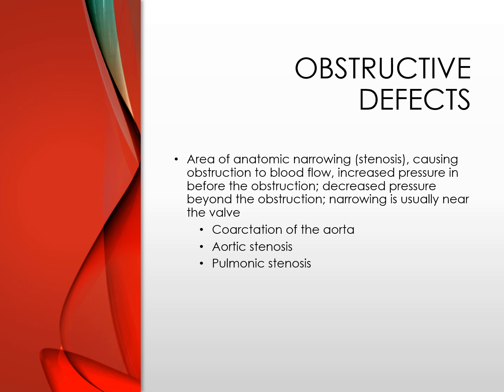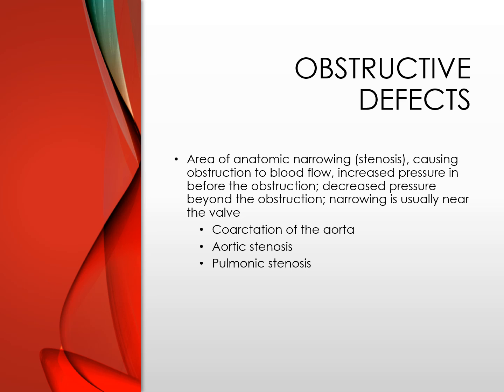Then we have obstructive defects. These are defects that can have a narrowing or stenosis of a vessel or even a valve, and that can cause obstruction of the blood flow. Some of those can include coarctation of the aorta, which we'll talk about later. Aortic stenosis, which means that the aorta is stenosed, it's smaller and less flexible.